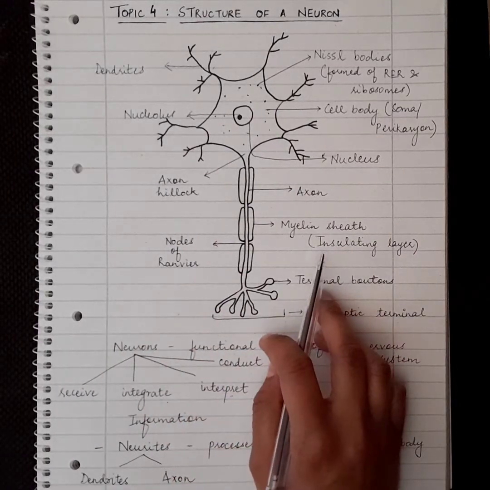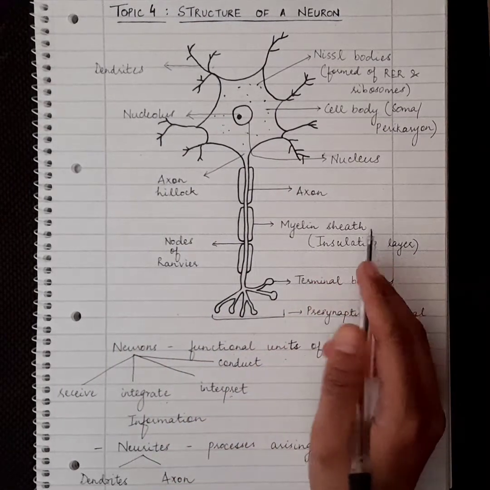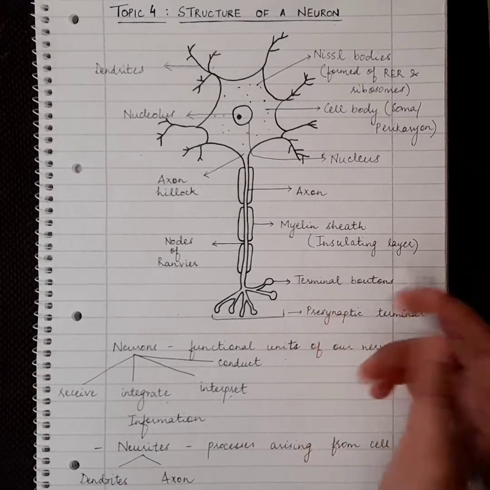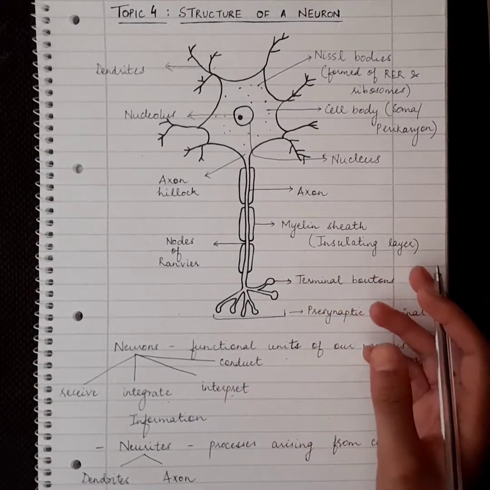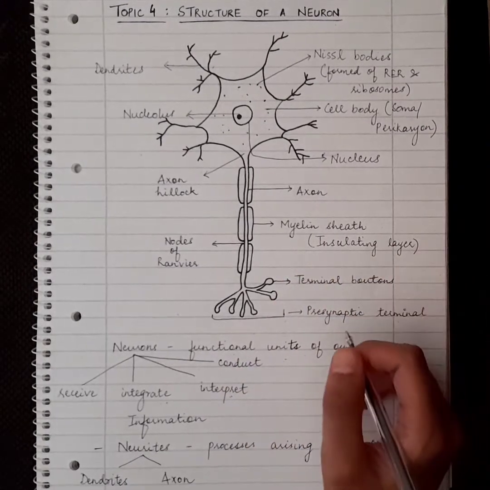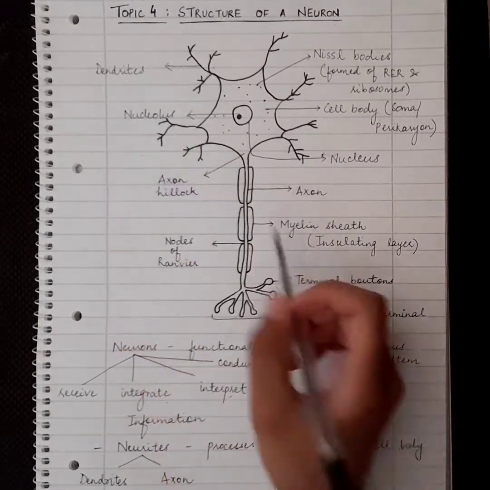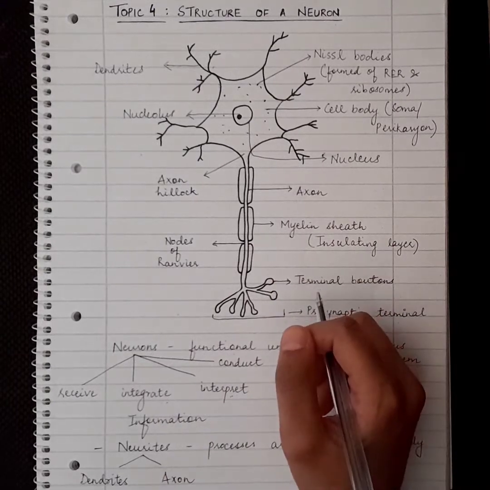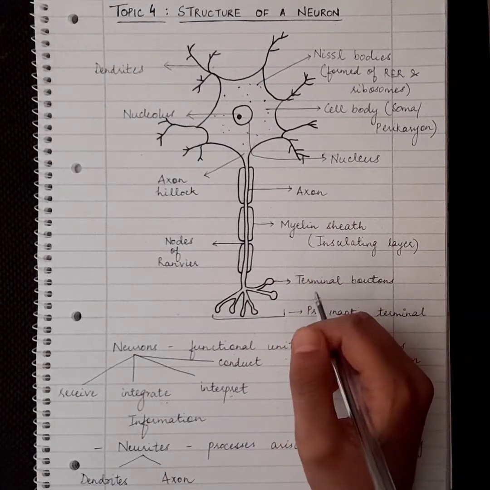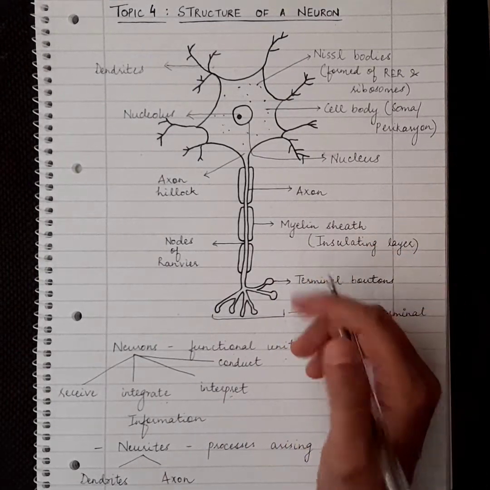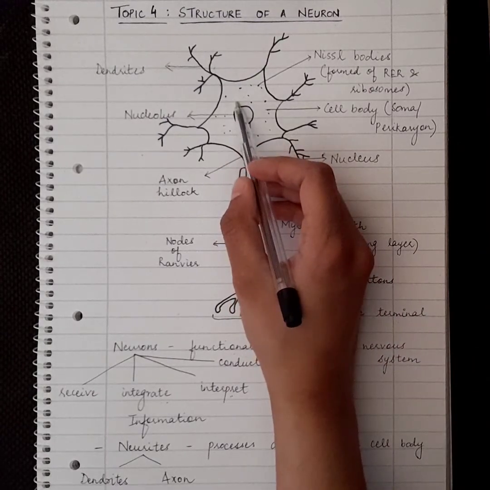They also contain a certain amount of Nissl bodies, which means that some protein synthesis also happens in the dendrites. The function of dendrites is to receive the incoming information from other cells and pass it to the cell body.